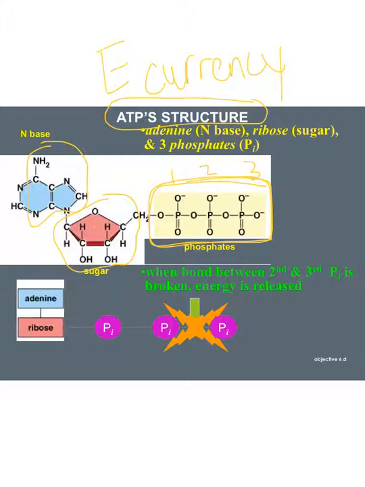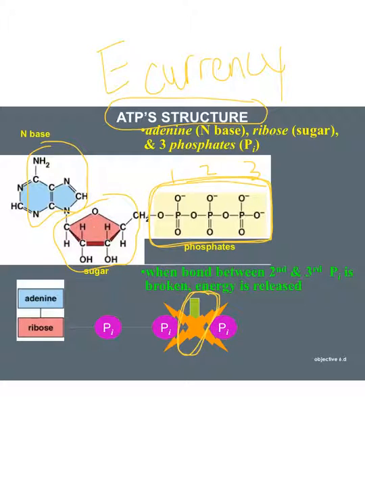Remember that almost all chemical molecules have energy stored in the bonds that make up that molecule. Well, ATP has a lot of energy stored in its bonds, particularly in this bond right here between the 2nd and 3rd phosphate groups.